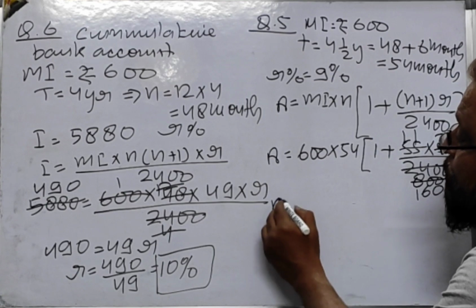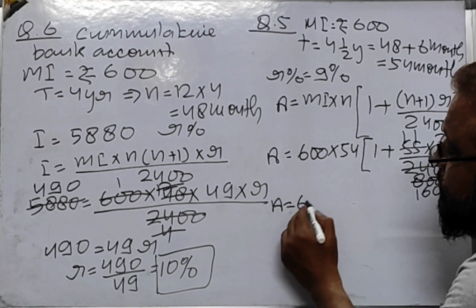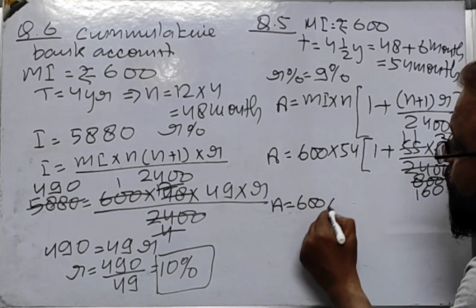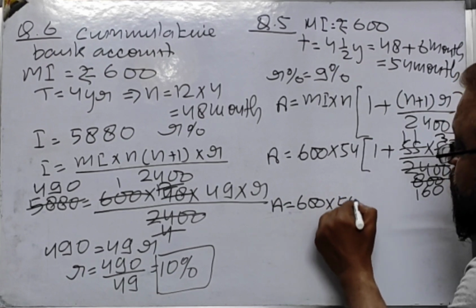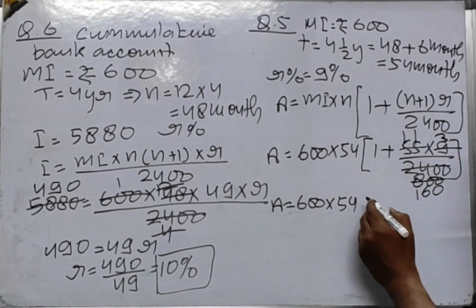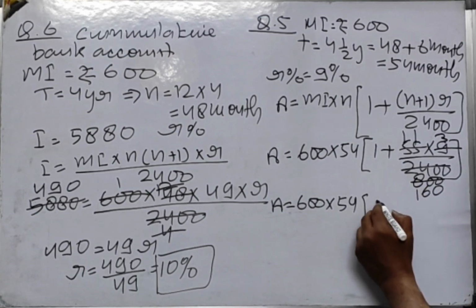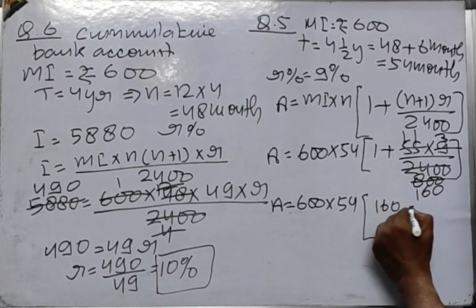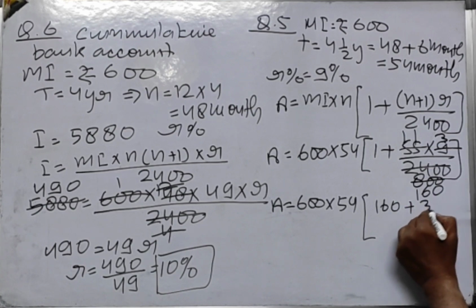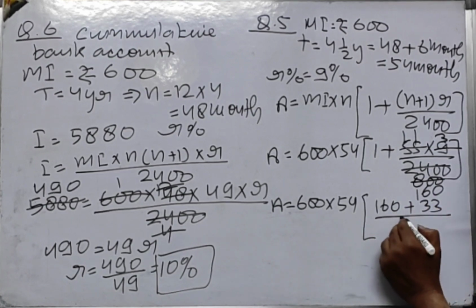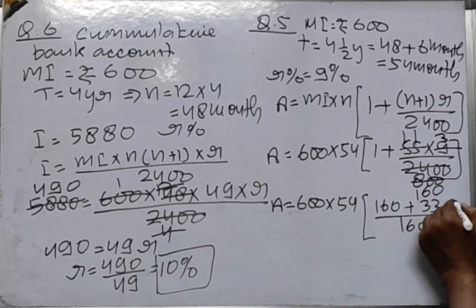So amount is equal to 600 into 54, right? Bracket 160 plus 33 upon 160. Getting?